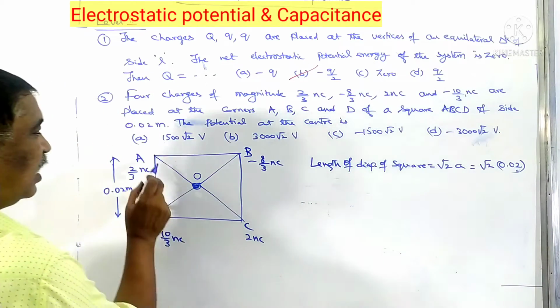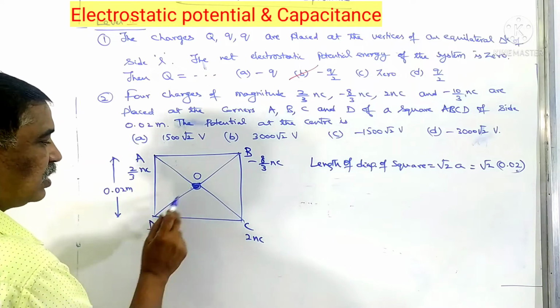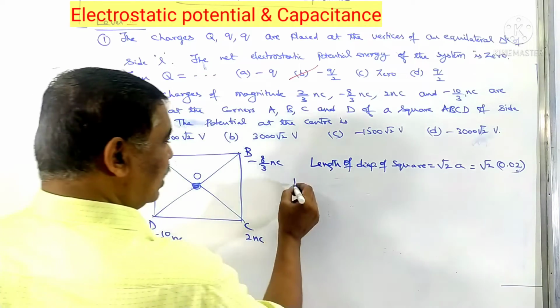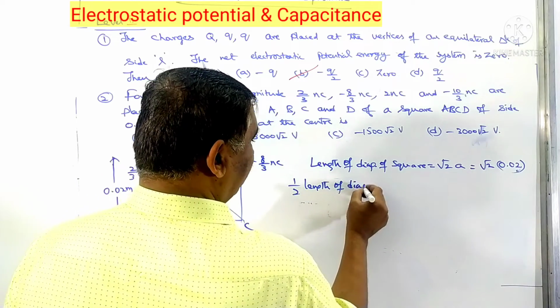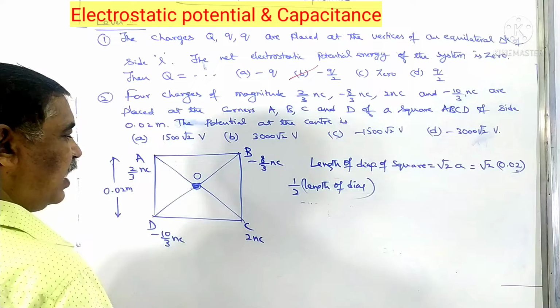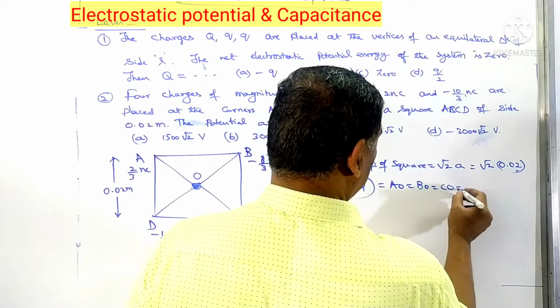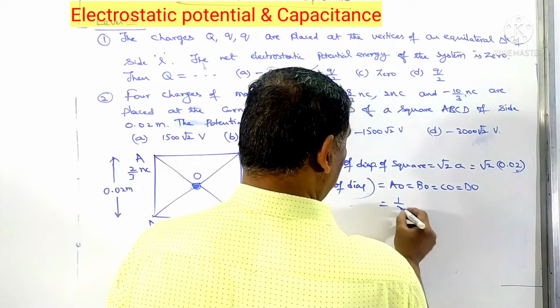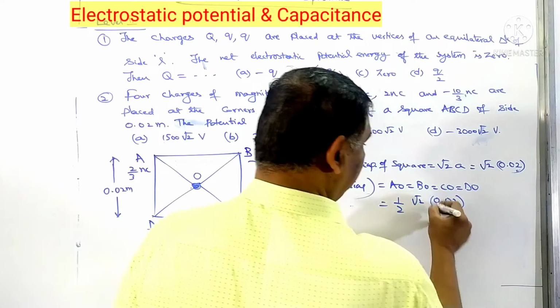I require half the length of the diagonal, that is AO is equal to BO, that is also equal to CO, that is also equal to DO. That is nothing but half length of diagonal. In my diagram, it is equal to AO, BO, CO, DO. That is equal to half of root 2 times 0.02.